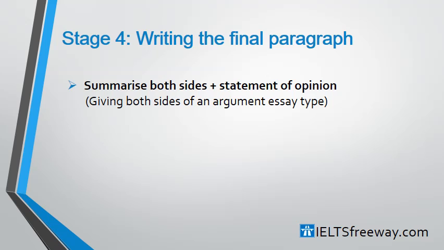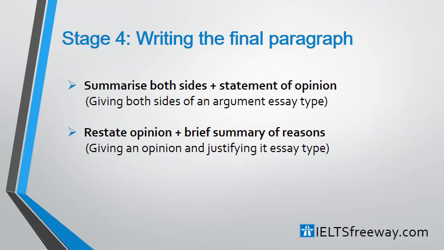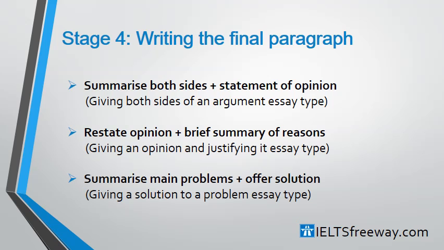If you're doing the essay where you're required to give an opinion and justify it, then you're going to restate your opinion and give a brief summary of the reasons in your final paragraph. If you're doing a problem solution essay, then your final paragraph should summarize the main problems and offer your best solution.